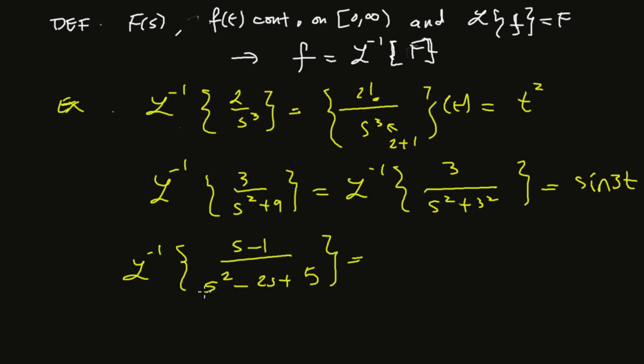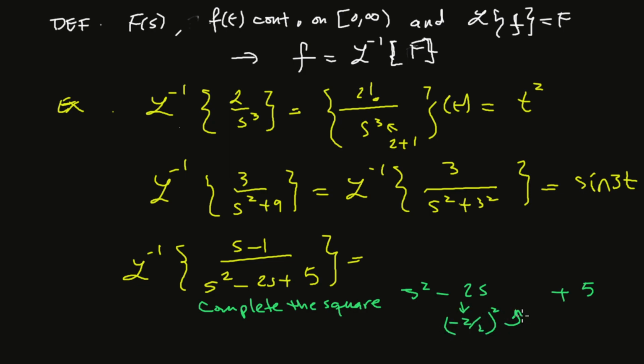Looking at this, remember it's a quadratic form, but it's not the form we're used to, so we're going to do something that's called, and you've done in the past, complete the square. So you're going to do s squared minus 2s, and here is plus 5. We'll take this, divide by 2, square it, and add it here. That's 1.